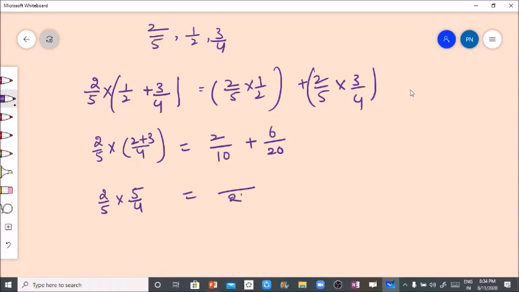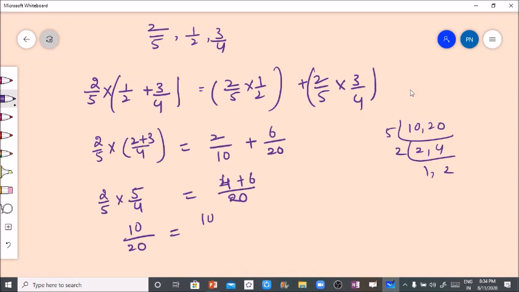The LCM is 20. 2 twos are 4 plus 6. Okay, here multiplication: 5 fours are 20, 2 fives are 10 by 20, equals 10 by 20. Okay, here 10 by 20, 10 by 20. So LHS equals RHS.